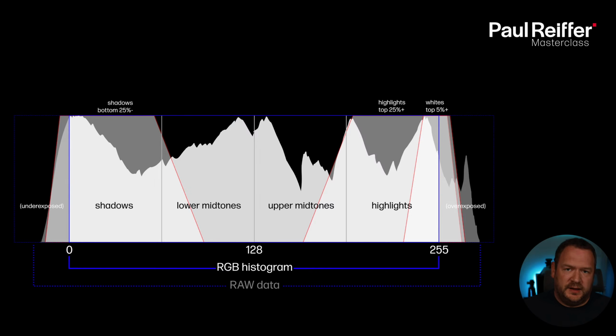The histogram is telling you what data was captured, and as a result of your changes, what data will be output. And you use the histogram to make creative decisions. So you may use it to say, how far can I push this bright? How far can I drop the shadows dark? How much data have I got in the shadows to pull up so I can see it more? Risk of noise.